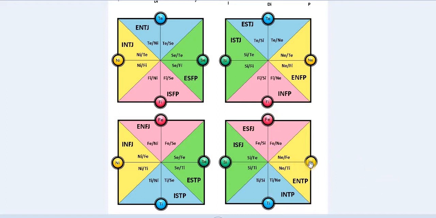Okay, let's dive into it. So everyone is going to have four functions. Everyone's going to have one of these coins that is going to be their default coin. Okay, now on your default coin, you're always going to have an extroverted process to gather information. You're always going to have an extroverted process to process information.